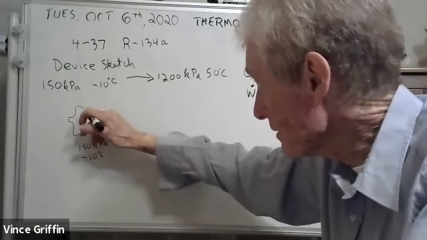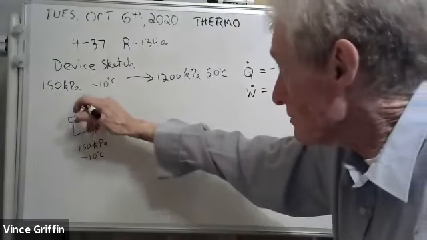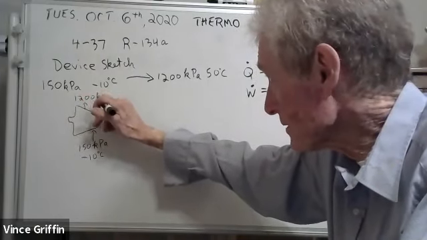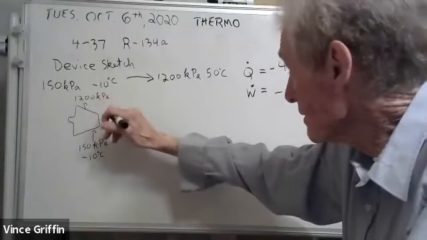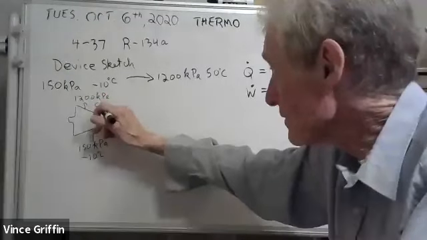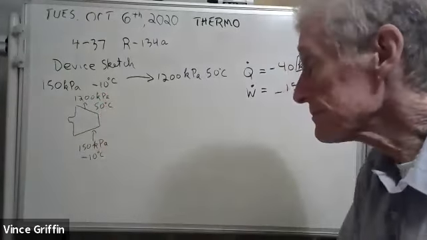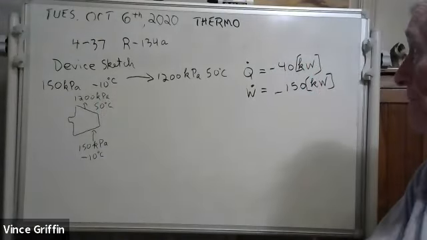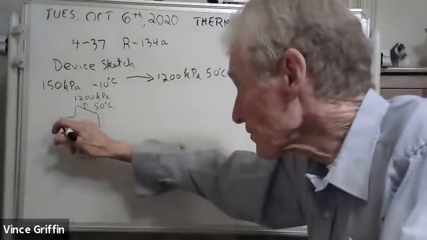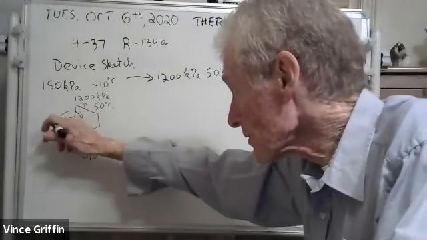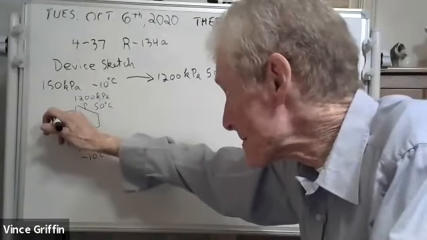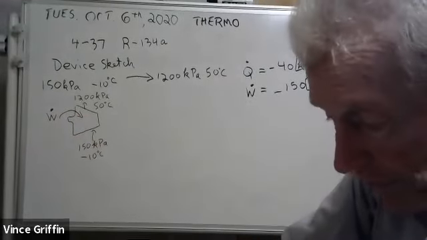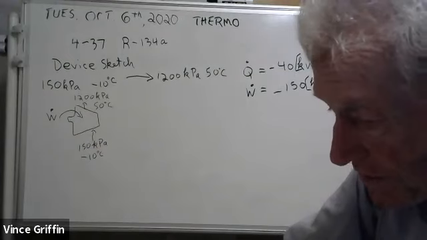And then you're coming out at 1200 kilopascal and 50 degrees Celsius. Now, the work is minus 40. The power is going in. See, that's negative. If power is coming out, it's positive.